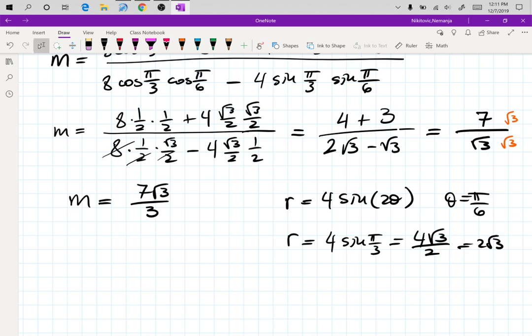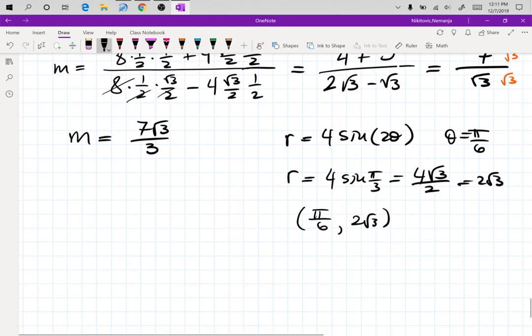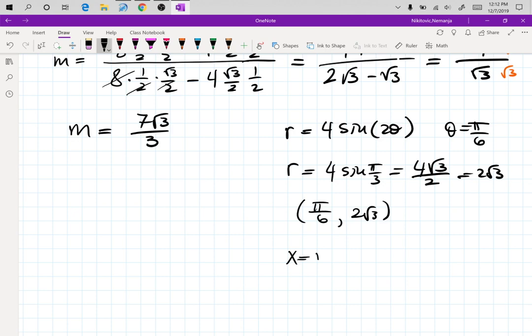So we have a point pi over 6 and 2 root 3. X is equal to r cosine theta. That's 2 root 3 times cosine pi over 6, which is root 3, because cosine of pi over 6 is root 3 over 2.